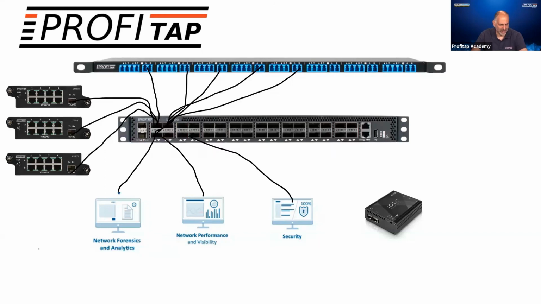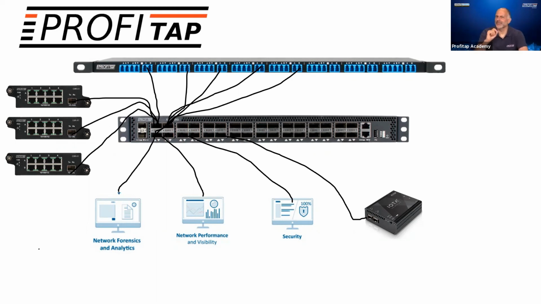I could send traffic to my security analyzer, and I could send traffic over here to my IOTA. Now, through the rules, I can now come in and I can start setting up that aggregation and distribution process. I can say that I'm going to take the traffic for here, I'm going to send it over here. I'm going to take the traffic for here and send it over there.